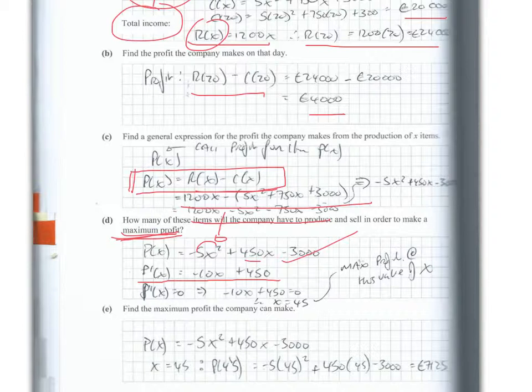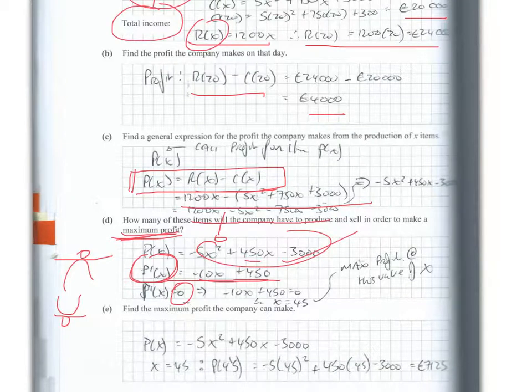You know, this is also the slope of a curve of this function if we plotted it. And remember the slope of the curve at its max or min is 0. So we can say that P dash of x equals this, then that's also equal to 0 at the maximum point. So we equate that to 0, in other words, and we find that x is 45. So that's the maximum profit that they can achieve at that value.